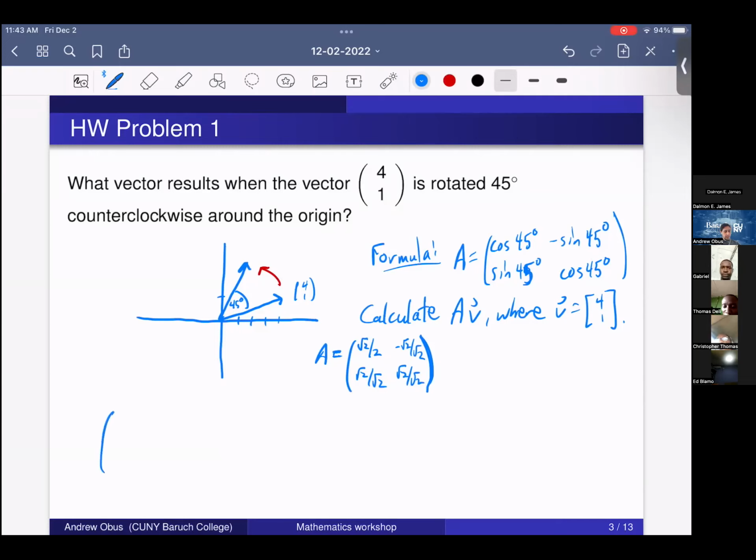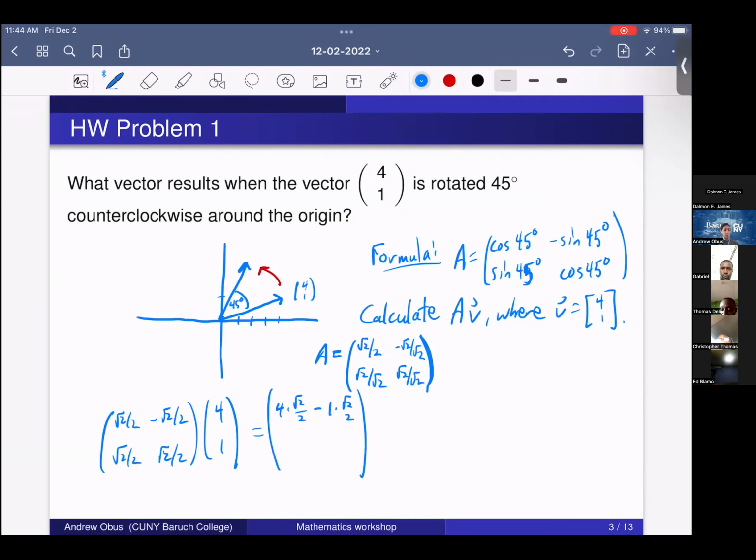Okay, so let's just calculate this. We have root 2 over 2, minus root 2 over 2, root 2 over 2, and root 2 over 2, and we're multiplying it by the vector (4, 1). I'll just use the dot product method. Up here, we have 4 times root 2 over 2 minus 1 times root 2 over 2.